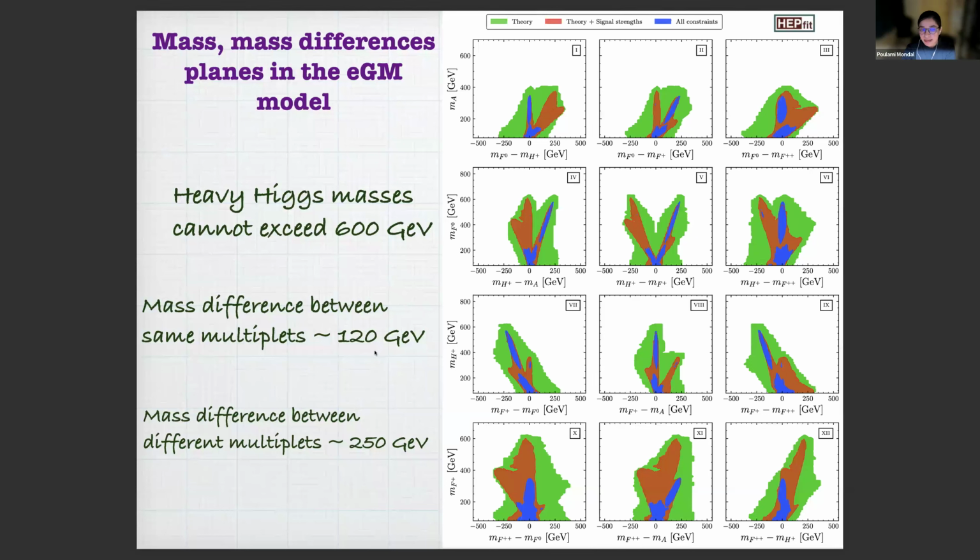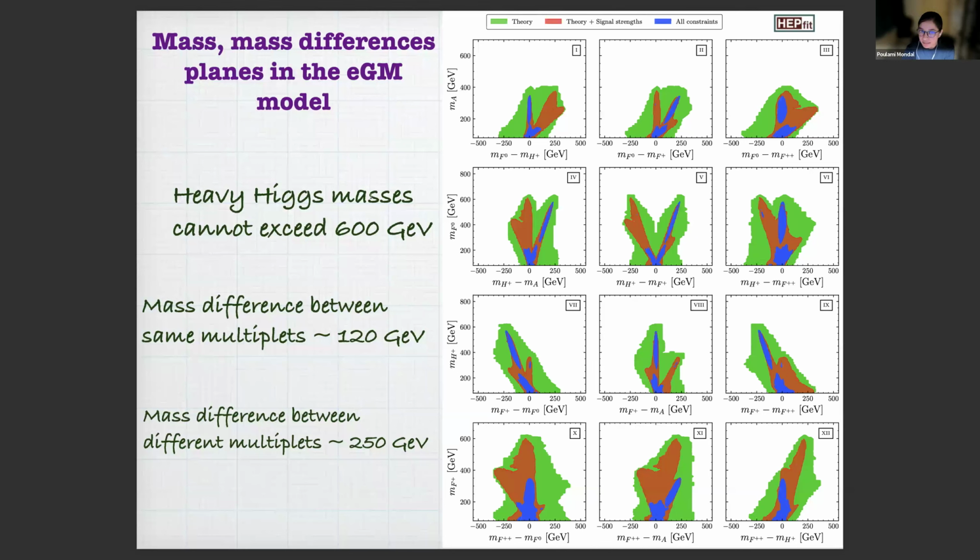Now, interestingly, since the mass difference is fixed to at most 120 GeV, if you have a 100 GeV scalar in your theory, the maximum allowed mass of your physical scalars in your theory also gets constrained.